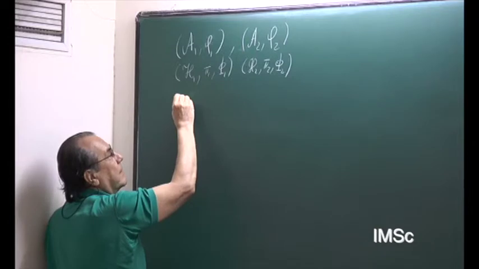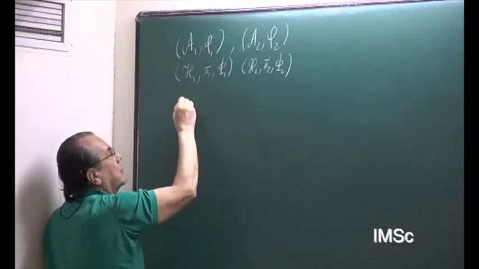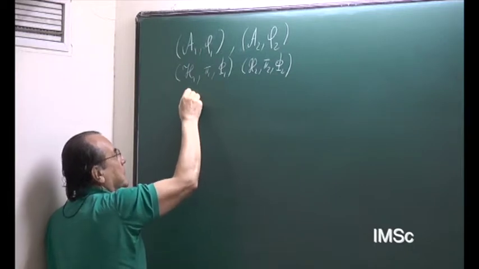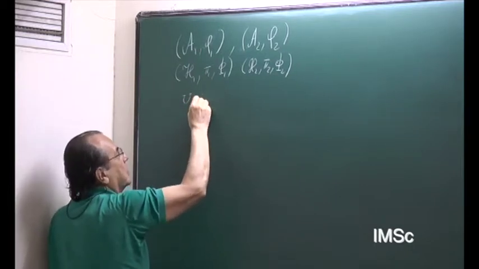So the equivalence relation used here, which is in fact unitary equivalence, is stronger than quasi-equivalence.